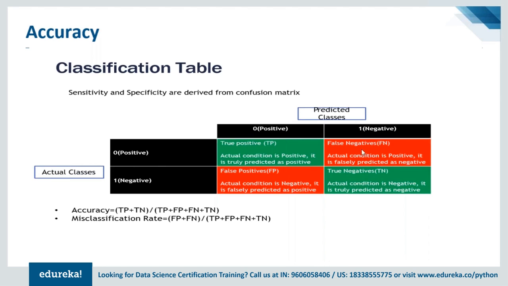And if it is false negative, the actual condition is positive while it has falsely predicted as negative, which becomes FN. So we are basically dropping all the values where survived is 1, that means the people died.